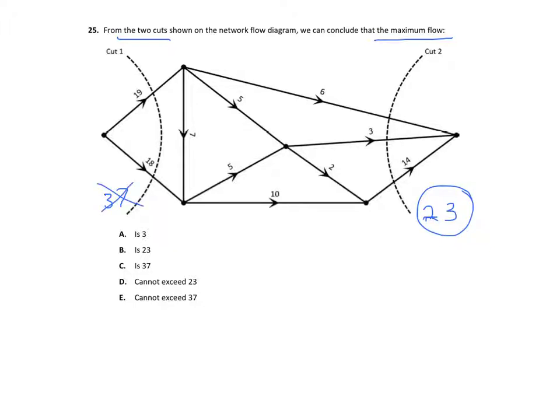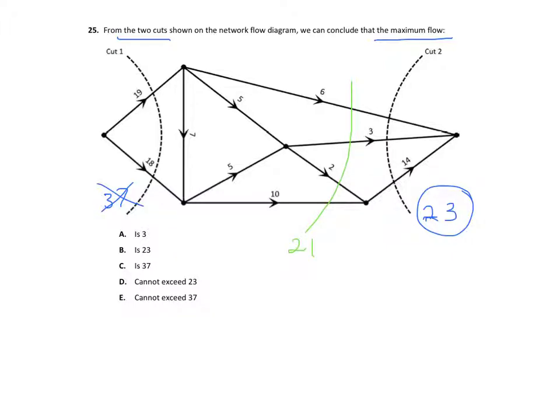That doesn't mean that that's necessarily the minimum cut. What it means is that at the moment, that's our baseline, our number to beat. If we were to actually find the minimum cut, already I can see that if I was to draw a line through here, I would get a value of 21, which is smaller than 23.